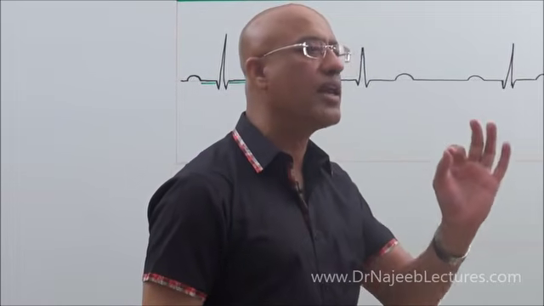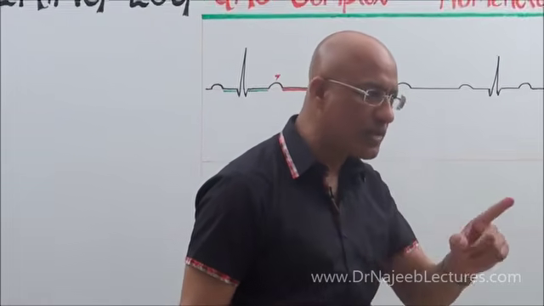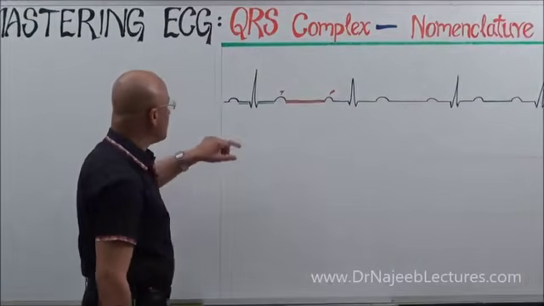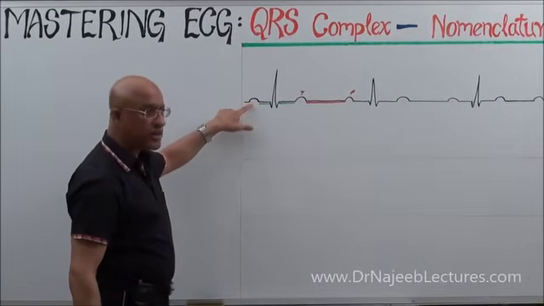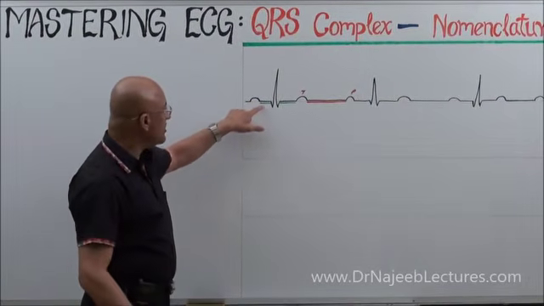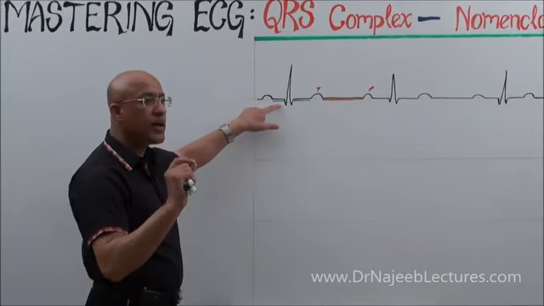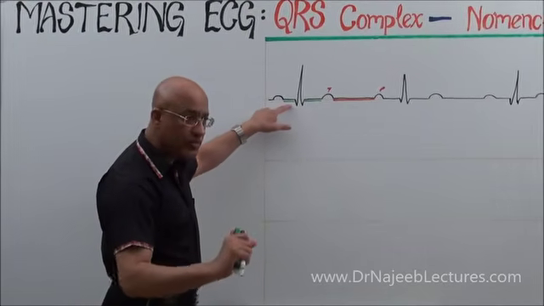The ECG recorder's pointer draws the isoelectric line when there is no electrical activity in the heart. Now, this is atrial depolarization. This PR segment represents when current is passing through the AV node.